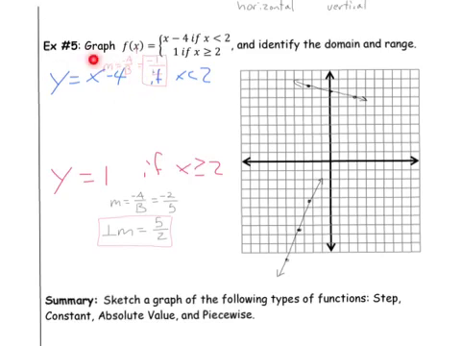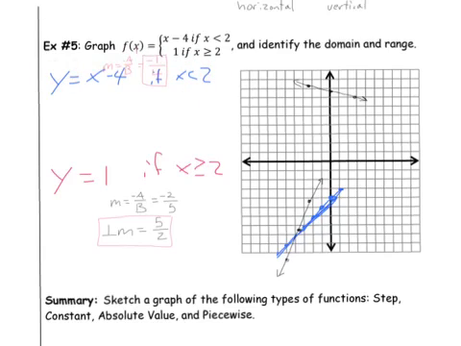So, how would we graph y equals x minus 4? Well, I'd go down 4, and I go up 1 over 1, up 1, or back 1, down 1, and so on. Right? And I get this line. The only problem is, what happens when it equals 2? Well, it can't. When it equals 2, we're going to jump to this graph. And it's not equal to 2 on here.